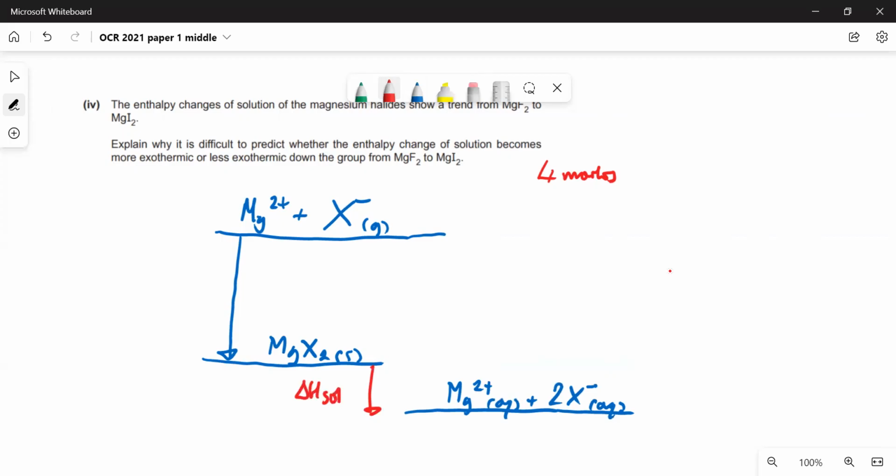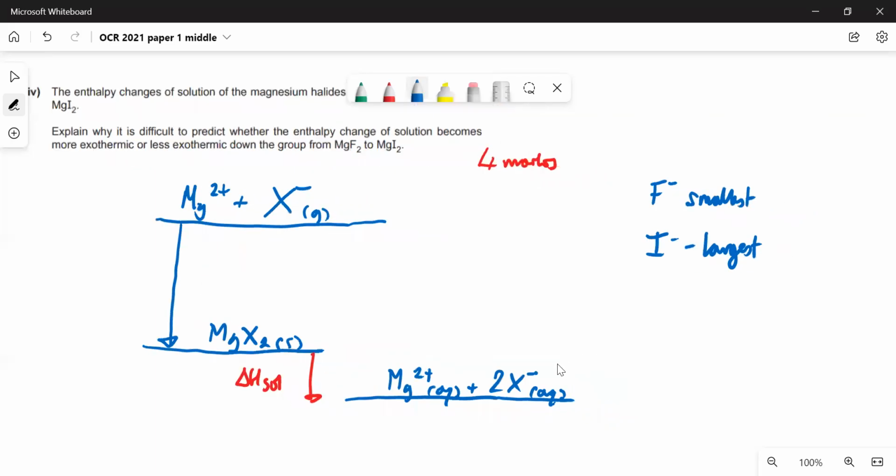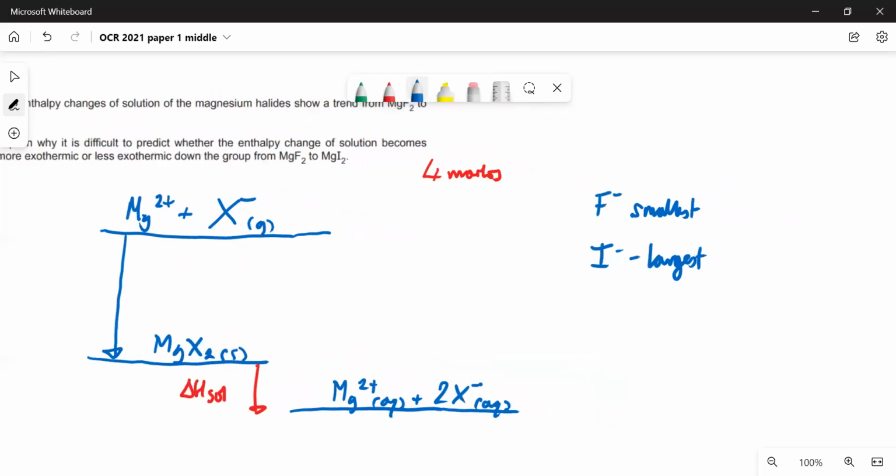Okay, so we need to think about the size of the halide ions. F minus is the smallest one, and I minus is the largest. Now, if the F minus is small, that is going to give you a larger lattice enthalpy for fluoride ions.